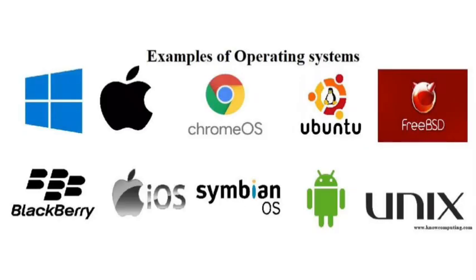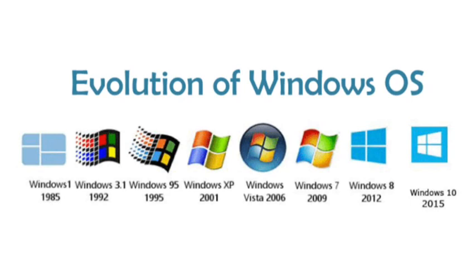We have a variety of examples of an operating system. We hear operating systems like Ubuntu, Unix, Symbian OS, BlackBerry, iOS, and the likes. All of these are basically examples of a system software.